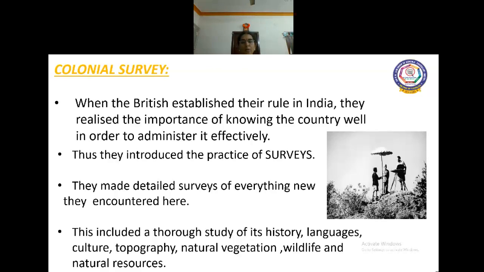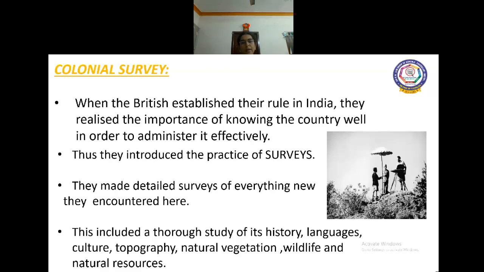That is, they wanted to know about the people and their habits, their culture, their living habits, their food habits, the crops grown, everything. They wanted to get a detailed survey and they mapped it also.